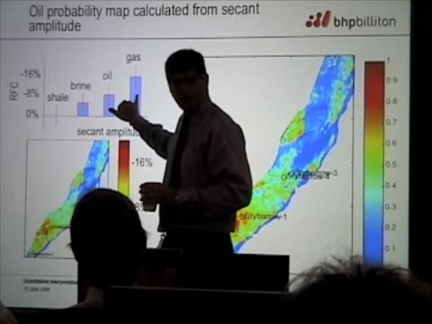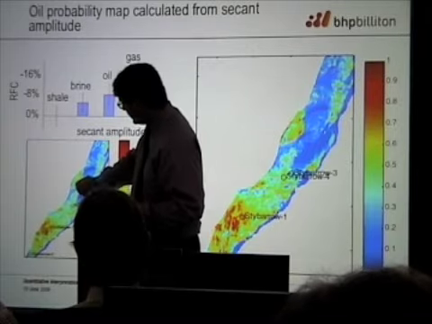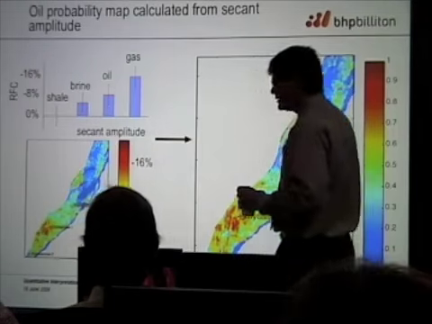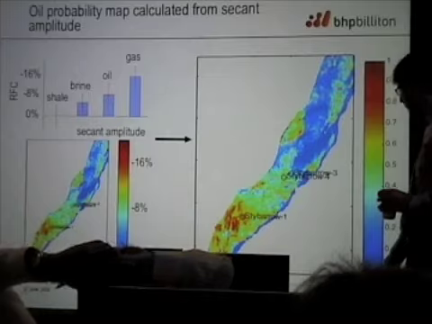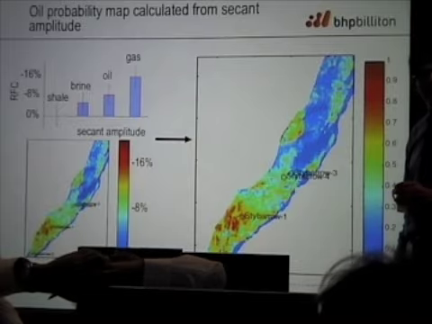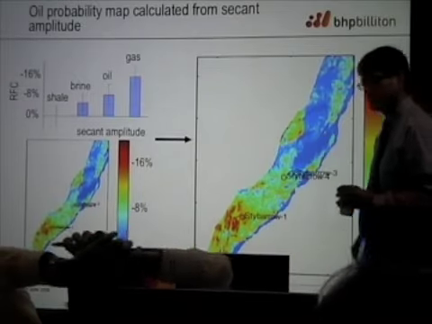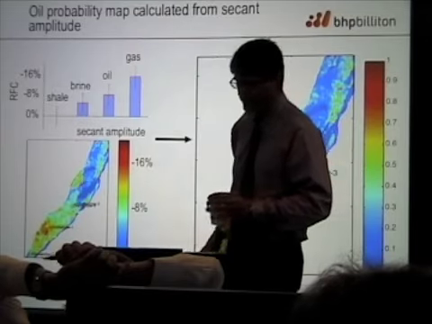We'll talk about what the formula looks like to be able to take these calibrated reflectivity numbers that have come out of this secant amplitude extraction and transform those into probability of a particular, in this case, of oil, okay? And that has to do with that risk, that little spike at the beginning, okay?